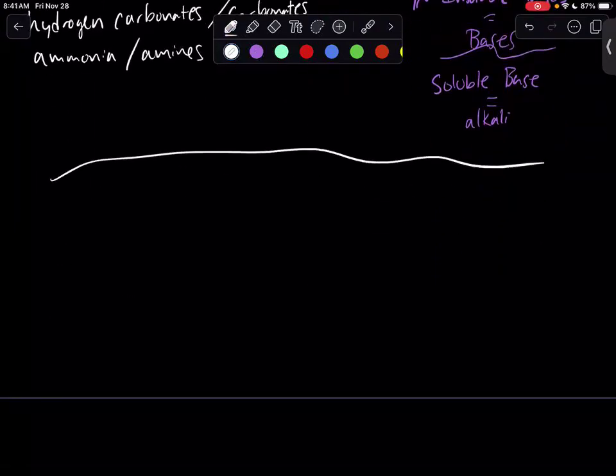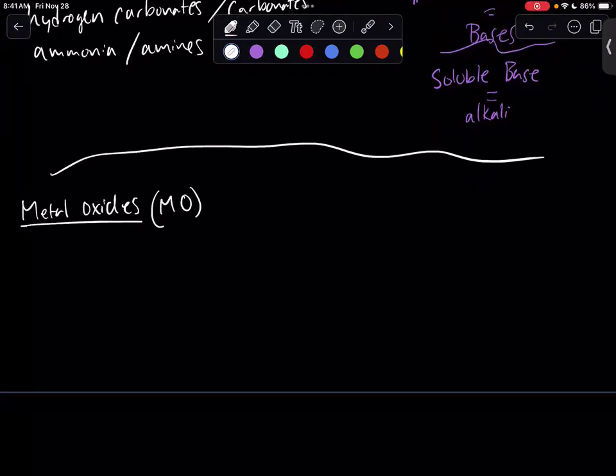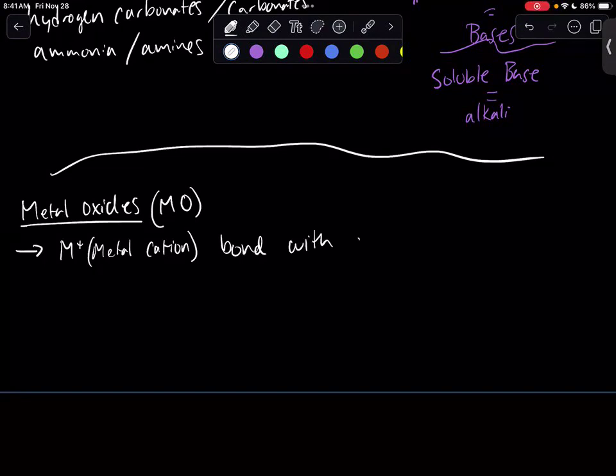So starting with the first one, metal oxides. For metal oxides, I'm going to use the term MO, M for metal, O for oxide. And like we mentioned earlier, this is an acid plus a base, so this will be neutralization. When we do this, the two main things are the metal cation, M plus, will bond with the acid anion.